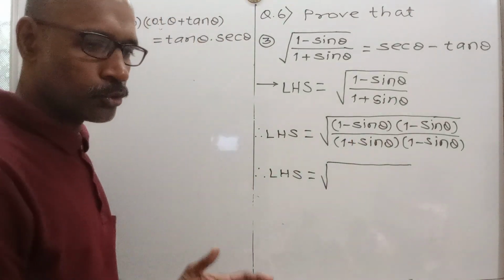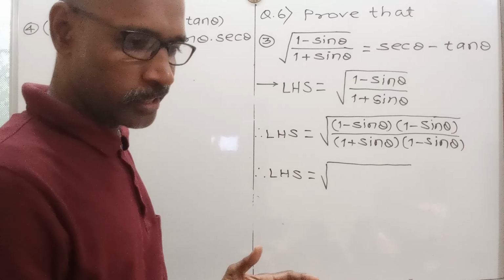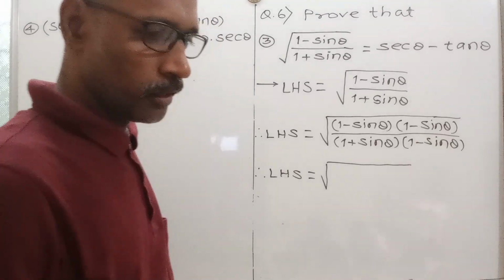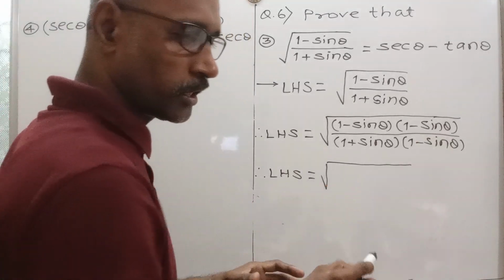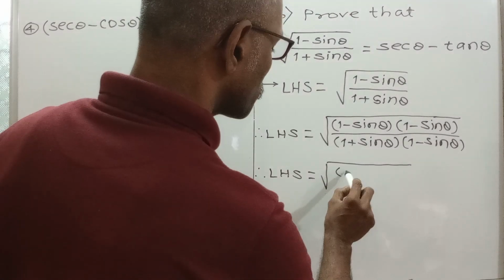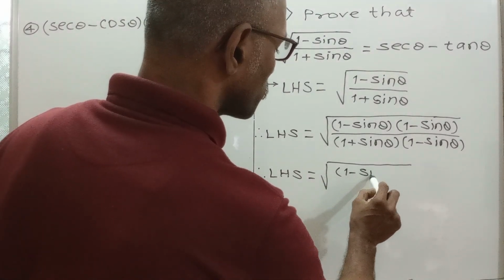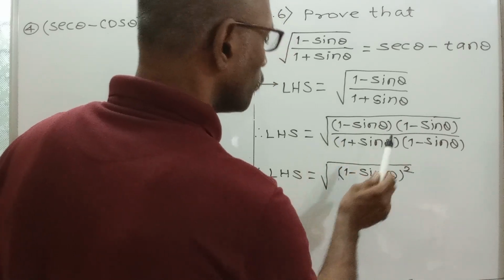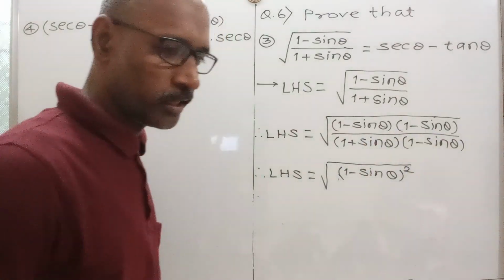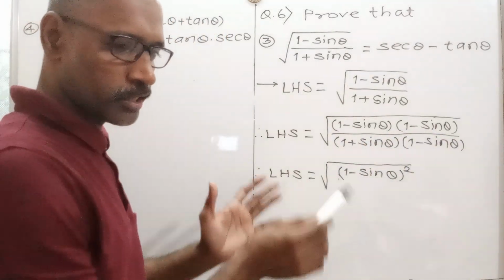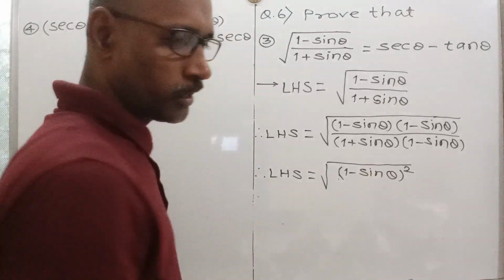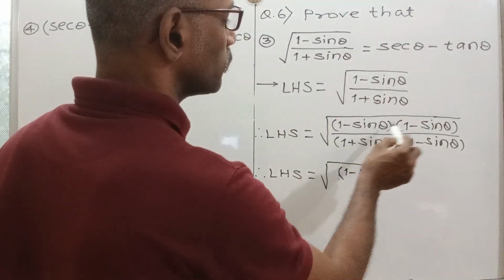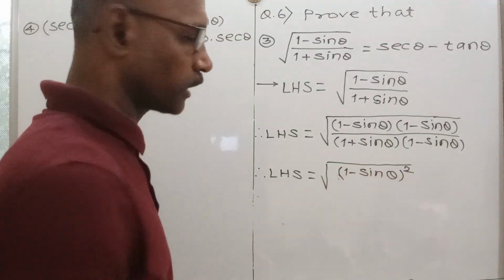Now you have studied identities. A minus B into A minus B means (A minus B) whole square, so we write (1 minus sin theta) whole square. Same number two times, so we write A into A, A square, like 2 into 2 is 2 square.